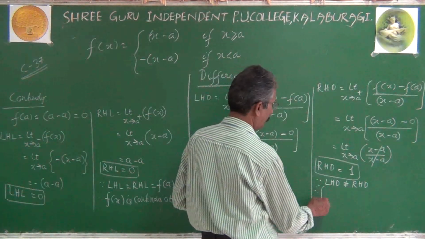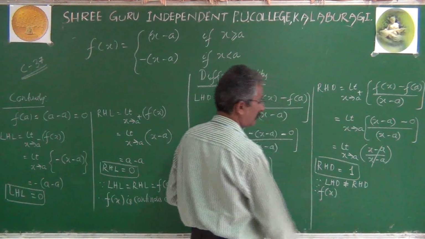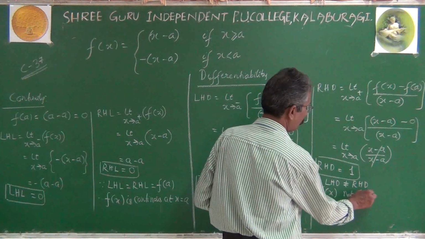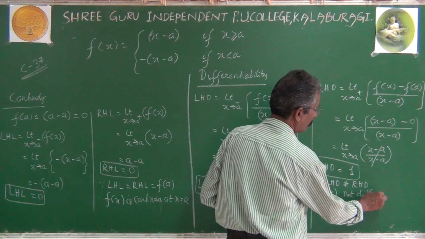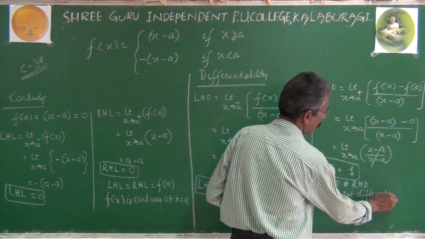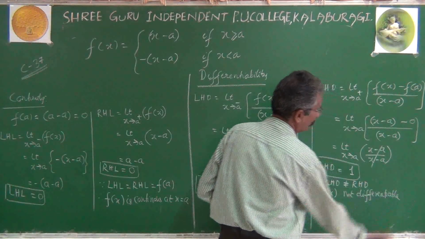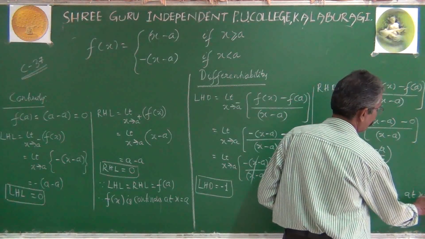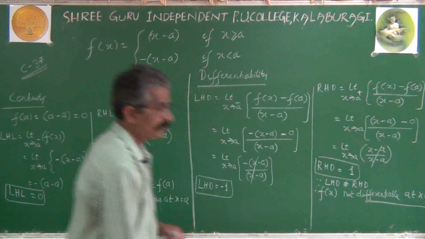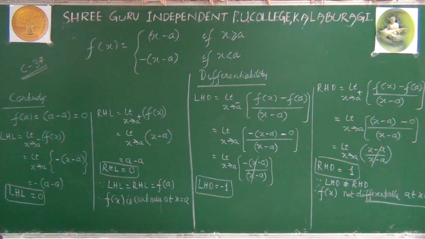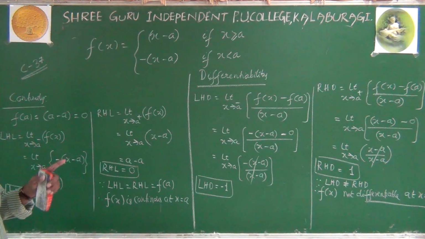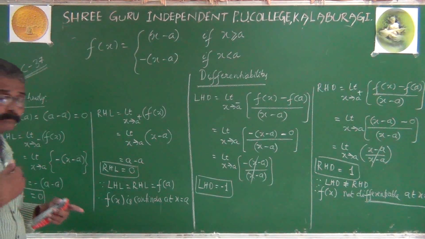Therefore f(x) is not differentiable at x equal to a. So this is a very good example to show the theorem we already noted: a differentiable function is always continuous, but the converse may not be true.